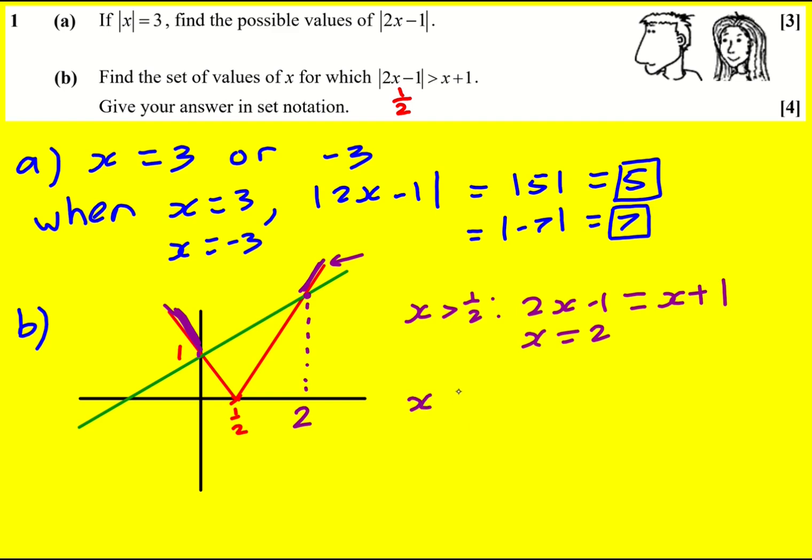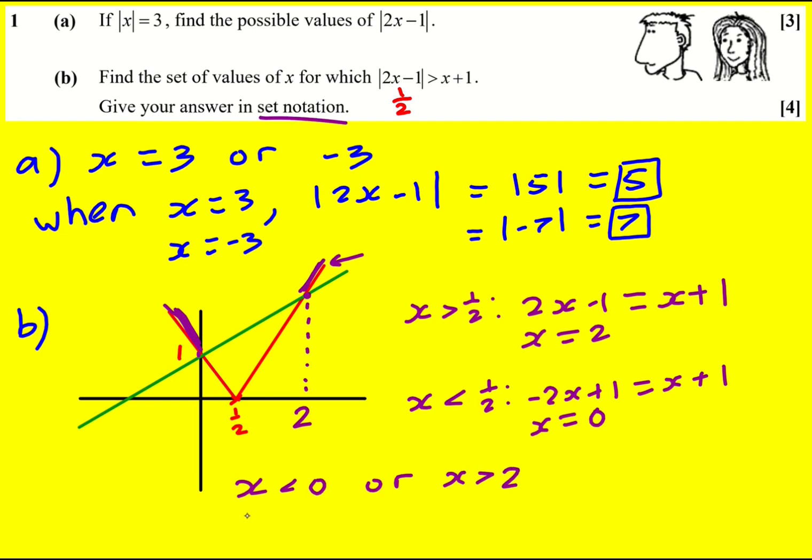And then let me just show you, when we go with x is less than a half, I'm going to get the minus 2x minus 1, which becomes minus 2x plus 1 equals x plus 1. And that leads to x being 0, as we saw here. So overall, we've got x less than 0 or x greater than 2.